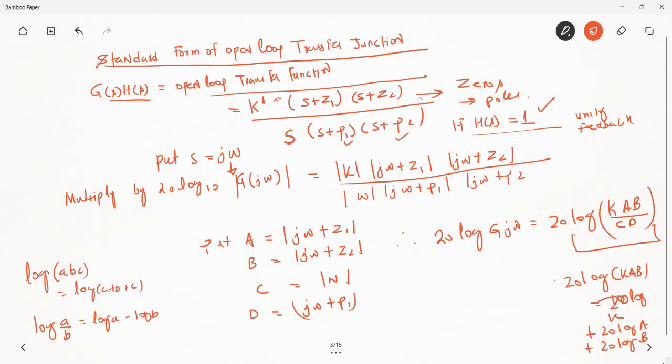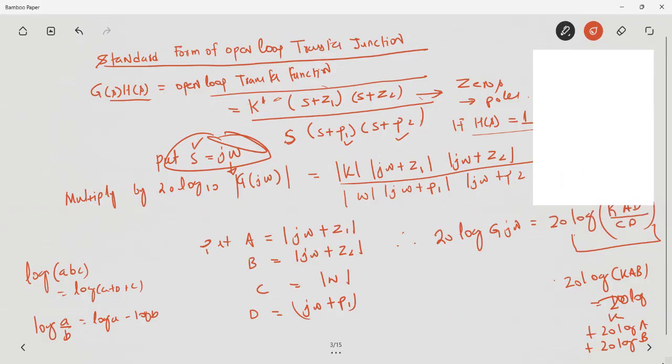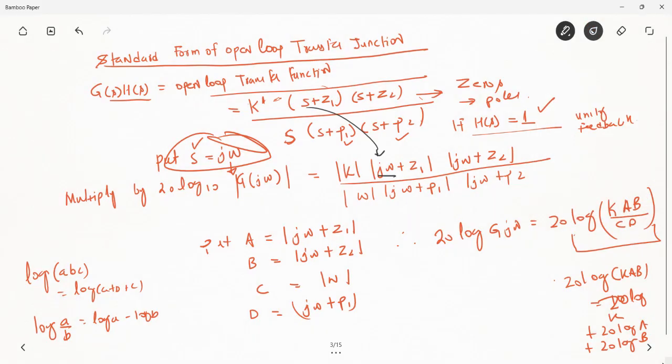So whenever you are utilizing the Bode plot, you have to put s as j omega. Once you put s as j omega, it converts to j omega here, right? I'll use a different color because I already wrote it to reduce time. So j omega, and my function becomes this.